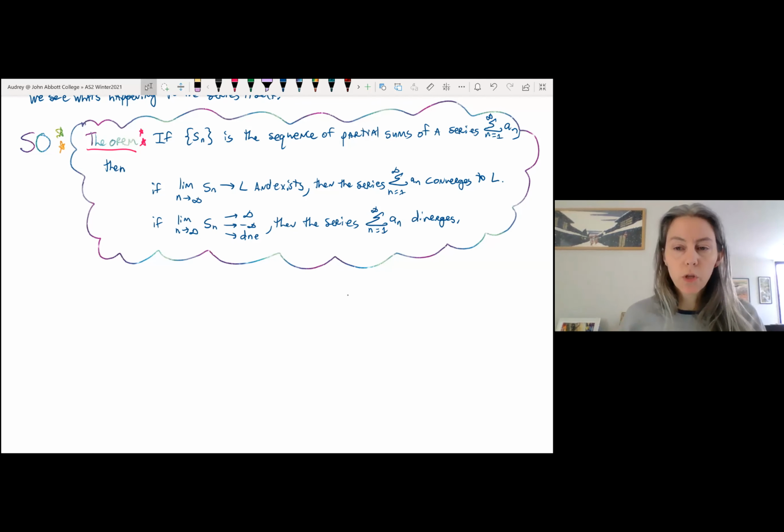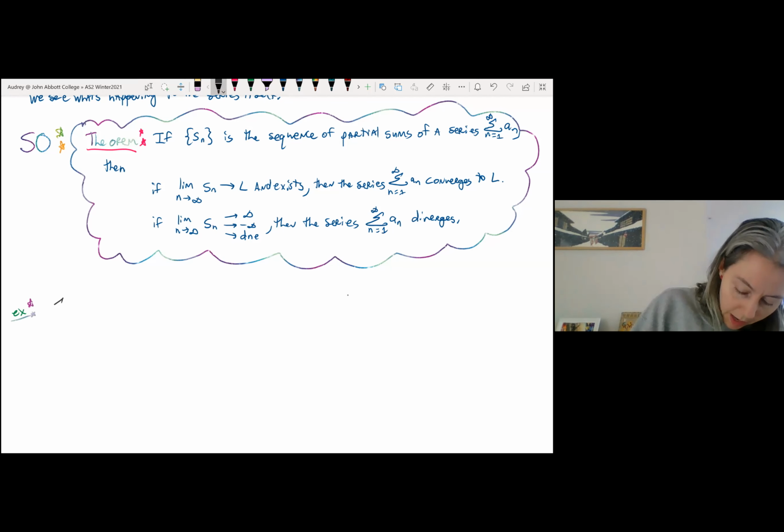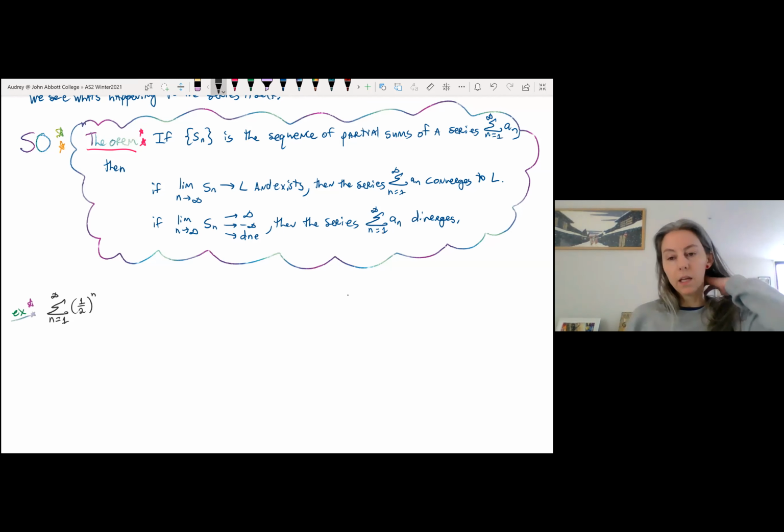Okay, so just to make sure that we really understand this, let's do this with an actual concrete example. In another video, we looked at the sum from n equals 1 to infinity of 1 over 2 to the power of n, and we concluded that this probably converges to 1. So let's look at the partial sums.